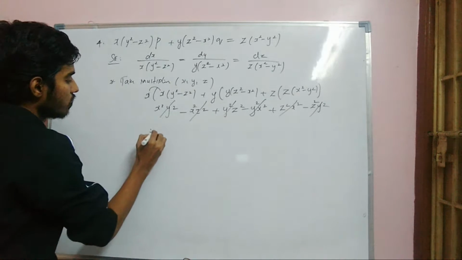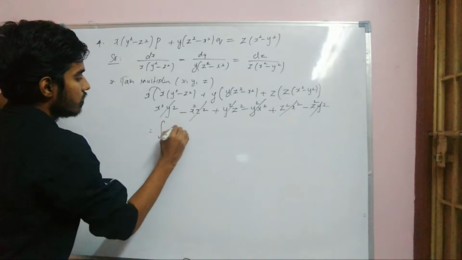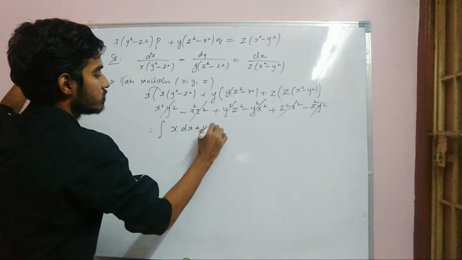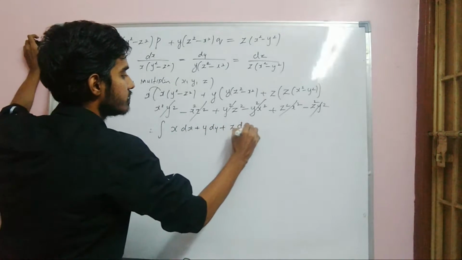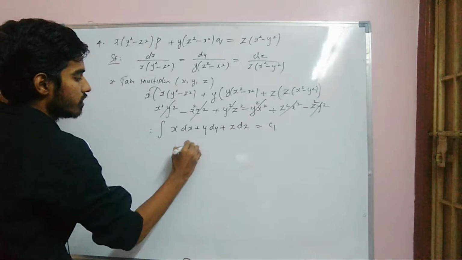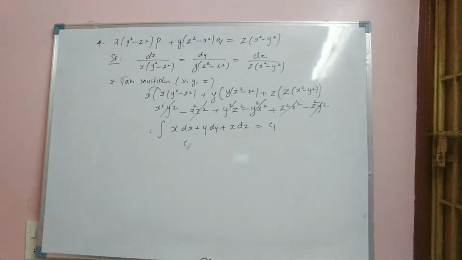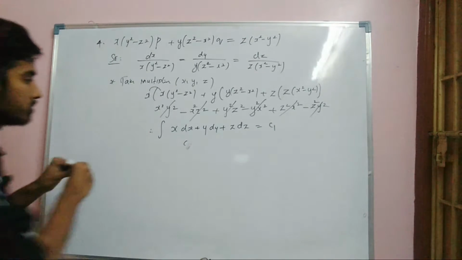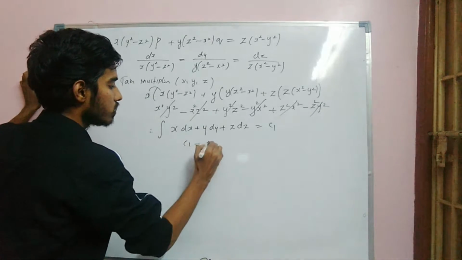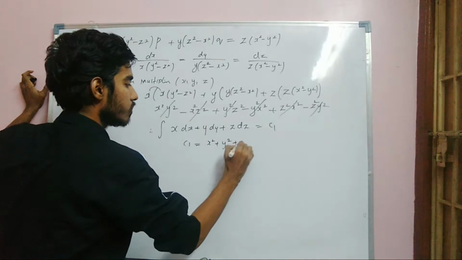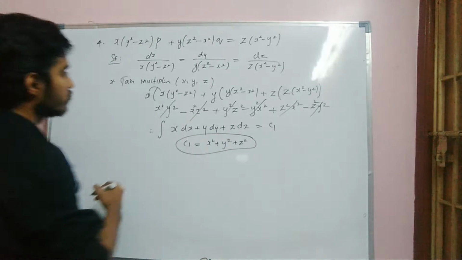So therefore our solution is the integral of x dx + y dy + z dz = C1. So our C1 will be equal to x² + y² + z². This is one of the solutions.